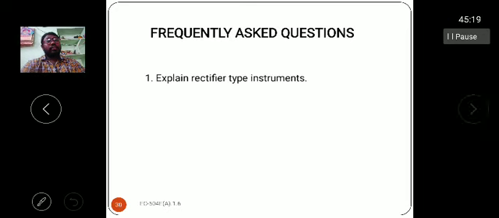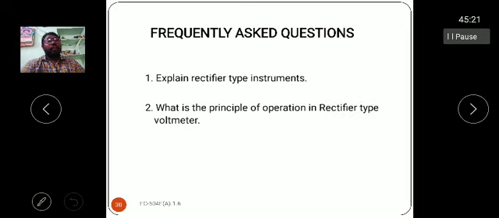These are the questions frequently asked on this topic in the examination, like explain rectifier type instruments. How do we explain rectifier type instruments? There is the rectifier type voltmeter and the rectifier type ammeter.